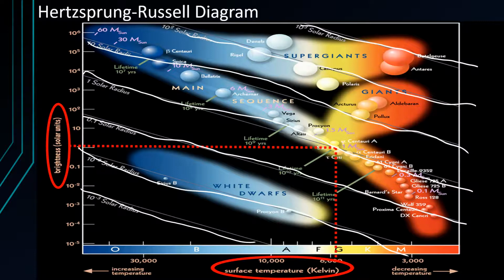So here's our sun right here. Once again, all the stars along this same line are about the same size as the sun, and as we go up, they get bigger and bigger and bigger. As we go down, they get smaller and smaller and smaller.